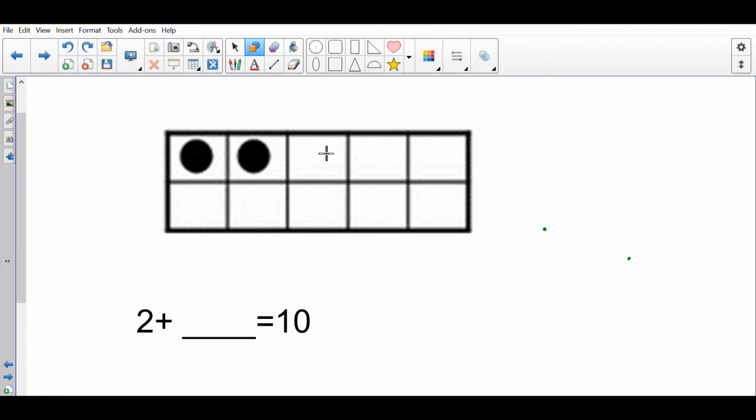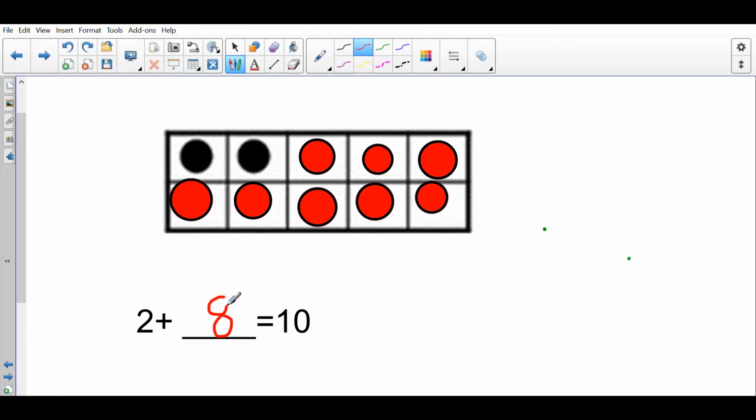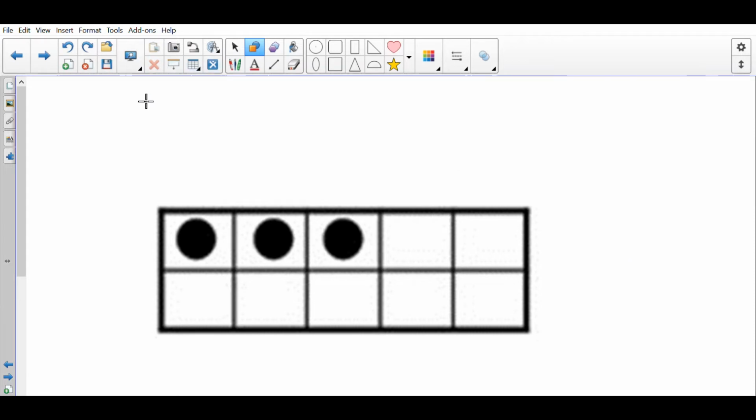Count with me. 1, 2, 3, 4, 5, 6, 7, 8. How many did we end up needing? 8. We needed 8 dots. So our whole number sentence is 2 plus 8 equals 10. Good job. Let's go to our next one.